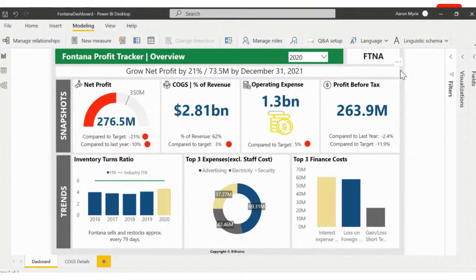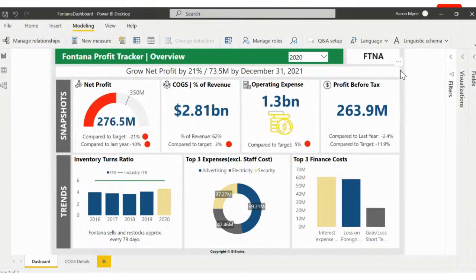So we see that in 2020, Fontana had the highest ITR, and this basically means that Fontana sells and restocks approximately every 79 days.